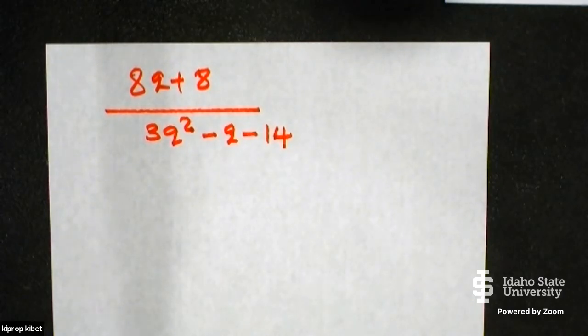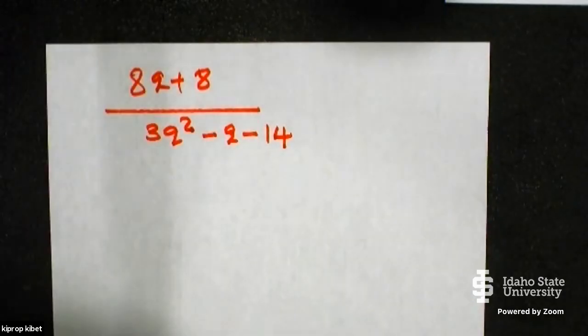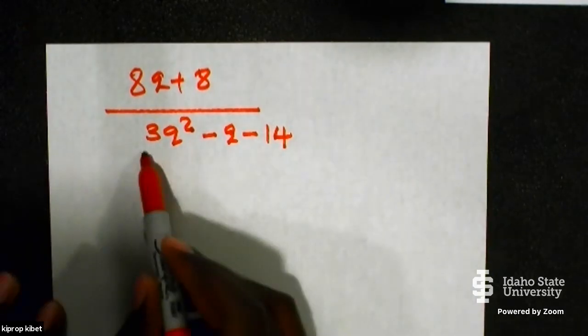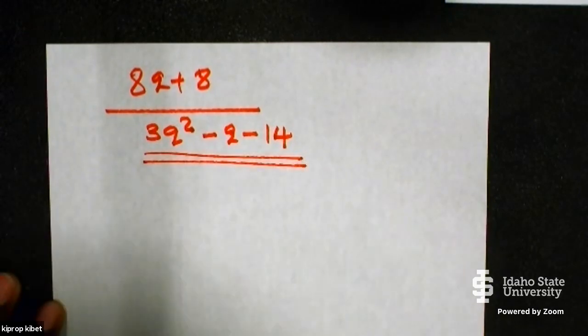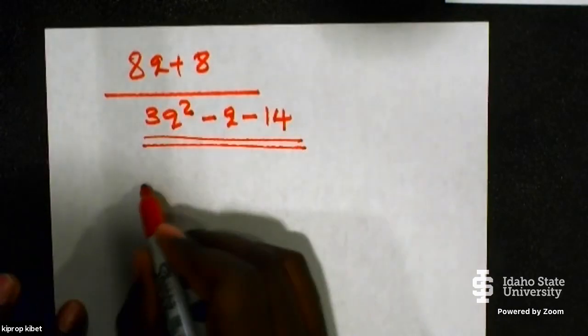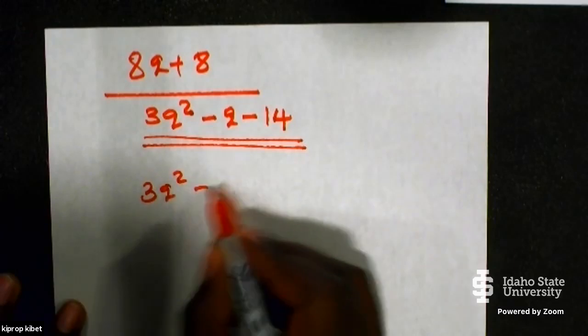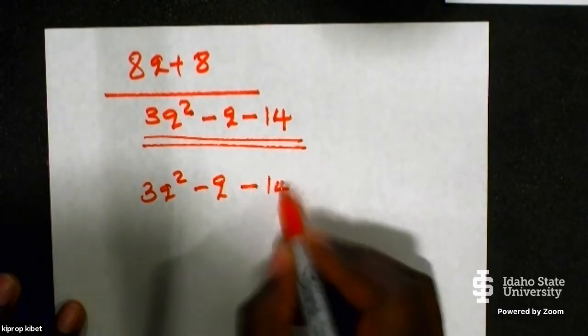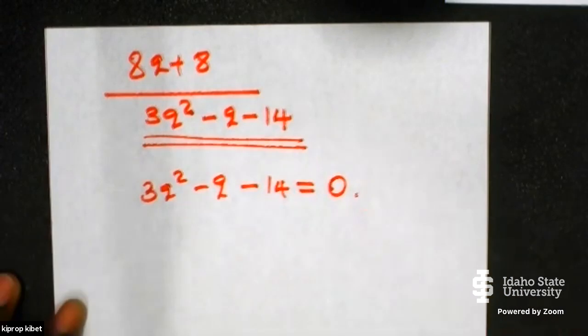Also, to be undefined, the denominator should be equal to 0. So 3q squared minus q minus 14 equals 0.